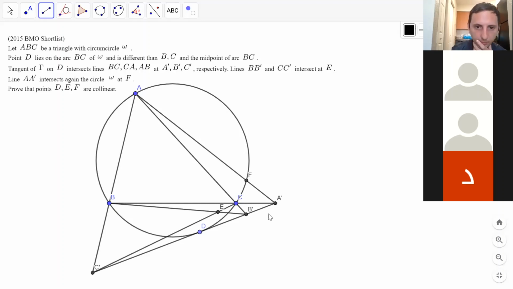So yeah, what's the best way to do this? Maybe projective geometry.